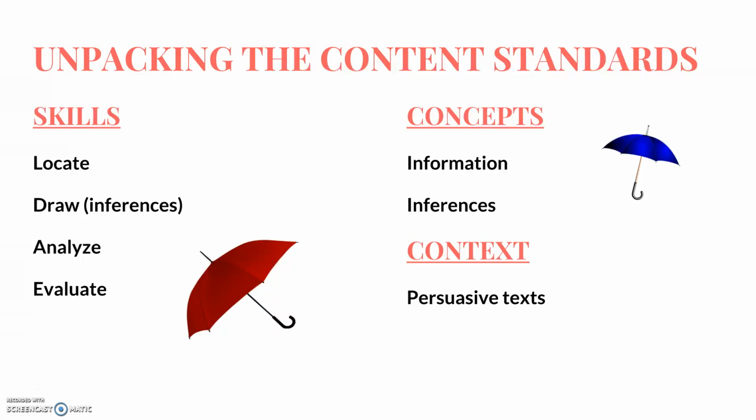For the content standard that we've been working with, we discovered the skills to be locate, draw, analyze, and evaluate. The concepts are information and inferences. The context is persuasive texts.